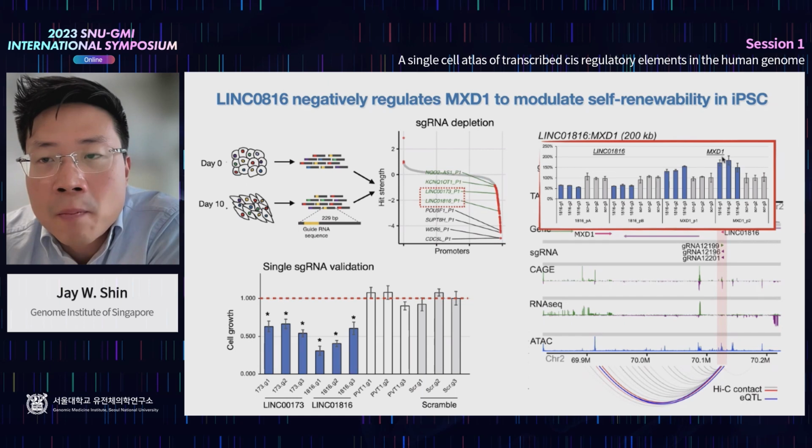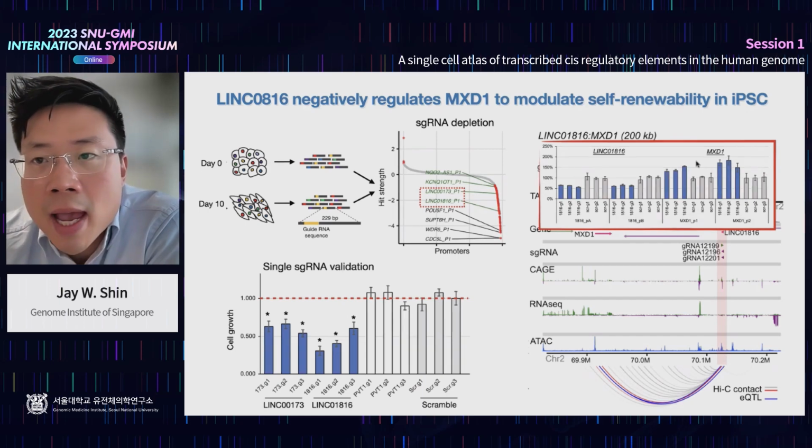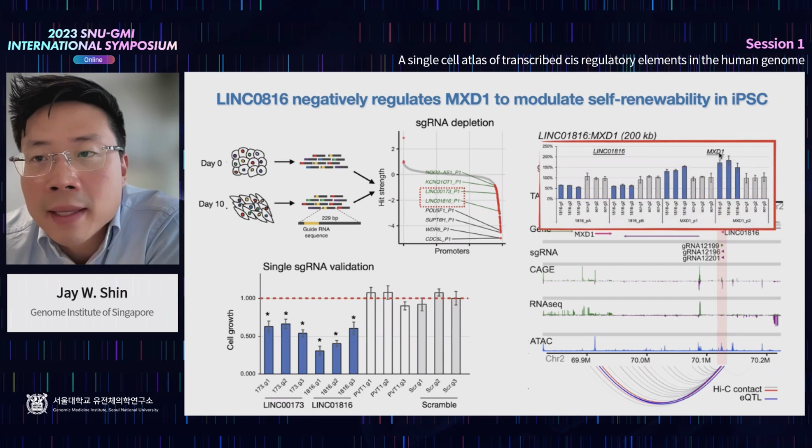And this is very interesting because MXD1 is a cofactor of MYC, one of the key oncogenes, and it actually suppresses MYC through binding of MXD1. So in summary, the lncRNA suppression upregulates MXD1, which binds to MYC and suppresses the activity of MYC, thus leading to reduction in cell growth.